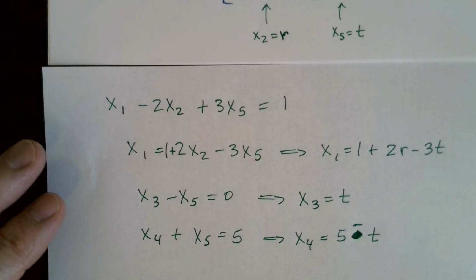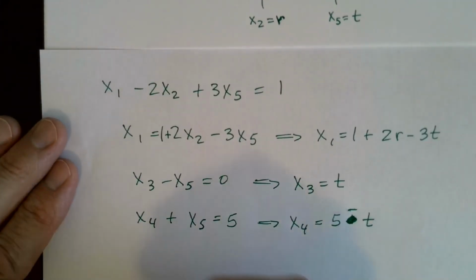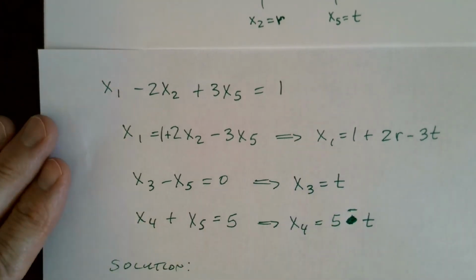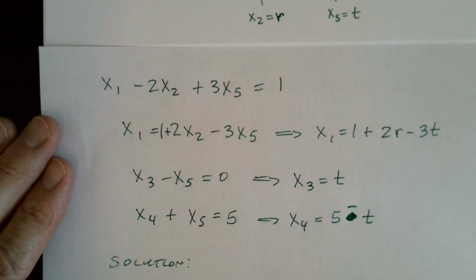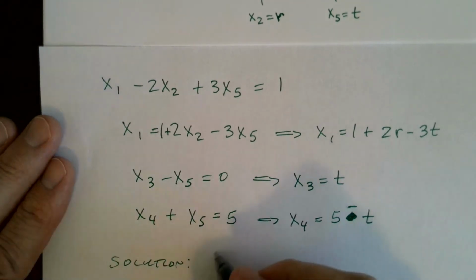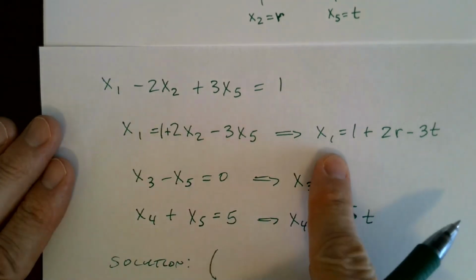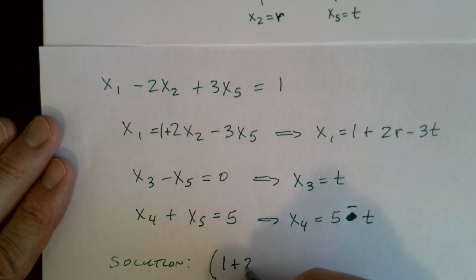Okay. And so we're now ready to write the solution. So the solution is the ordered 5 tuple. There's 5 unknowns in this. All right. X of 1. What's x of 1? Right here. 1 plus 2r minus 3t. That's x of 1. X of 2 is what?